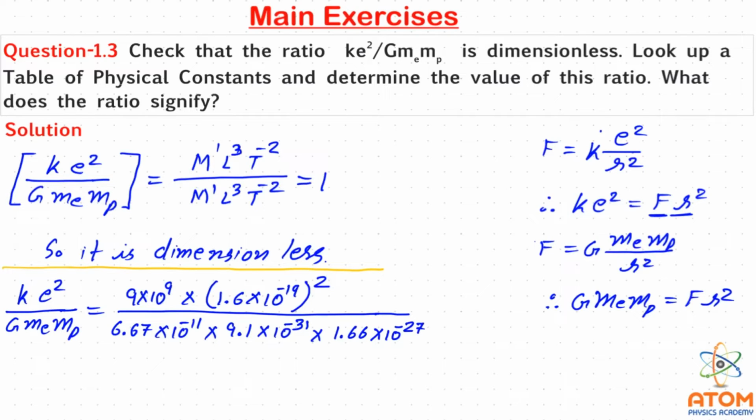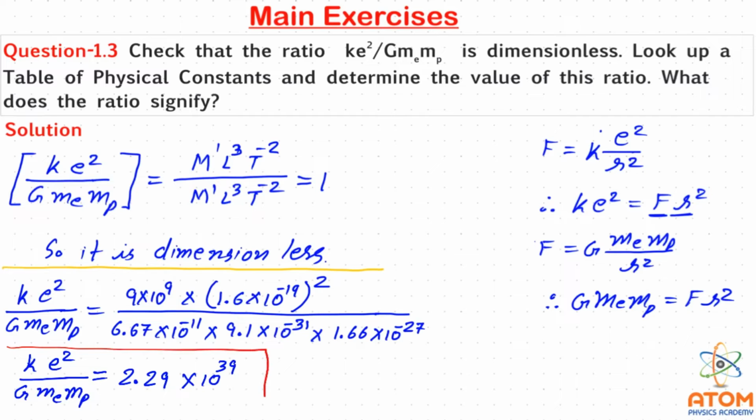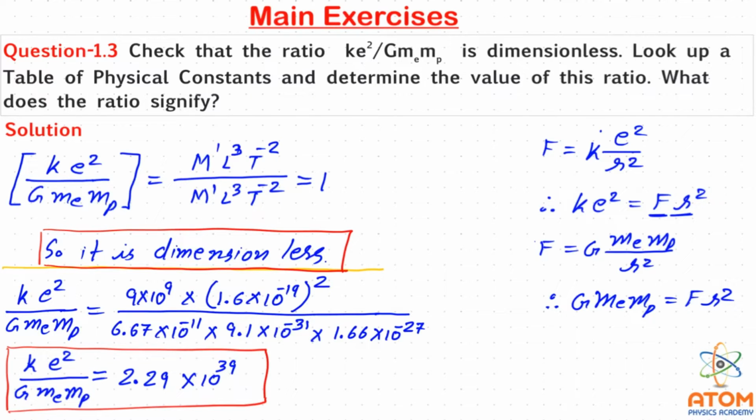Now calculating all of these values, we will get something like 2.29 into 10 raised to 39. So this was our second answer, that we need to find out the value of this ratio. I am putting them again, and here is the second answer. The first answer was that it is dimensionless, and the second answer is here.